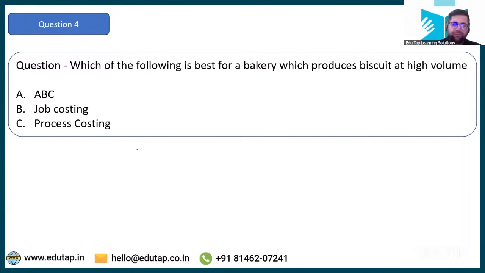All four options were wrong here. Moving forward, which of the following is best for a bakery which produces biscuits at high volume? So over here, the correct answer will be process.